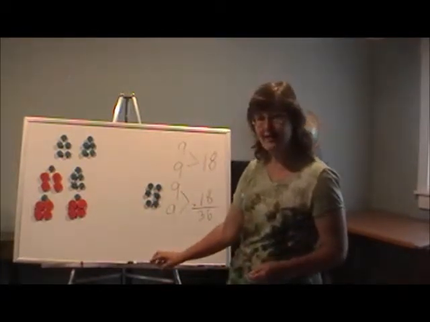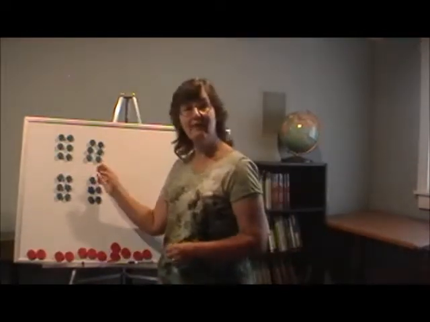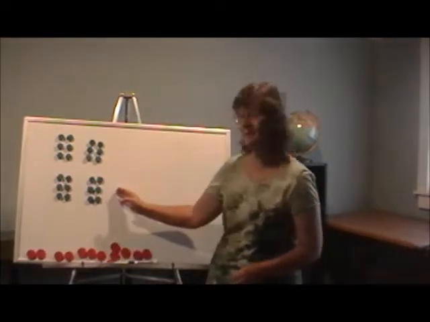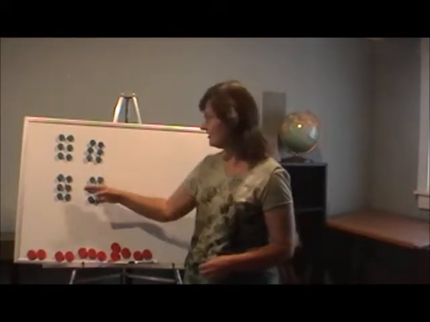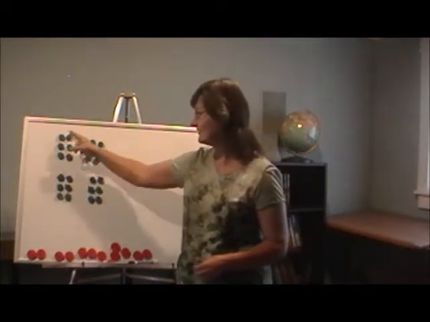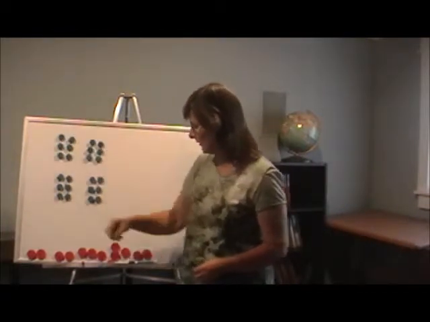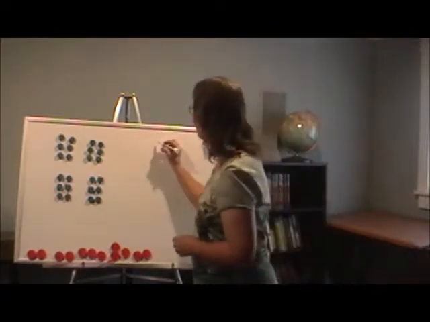Okay, let's try another one. All right, well now I have a new multiplication problem set up. This time I went ahead and set it in the pattern, so you see it's a 4, and there are 6 in each one. So this is 6 times 4. So again, back in school, this is what I would have done.